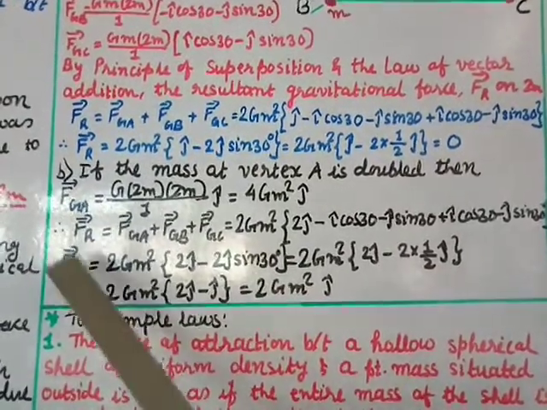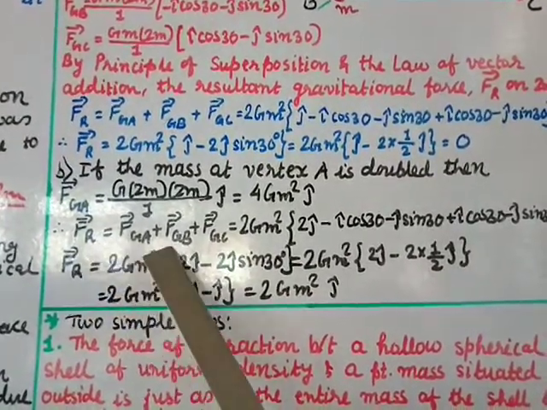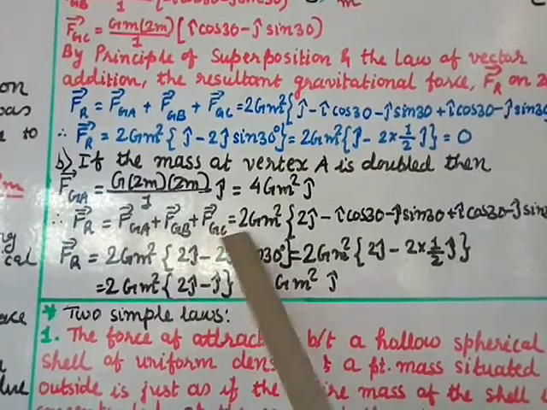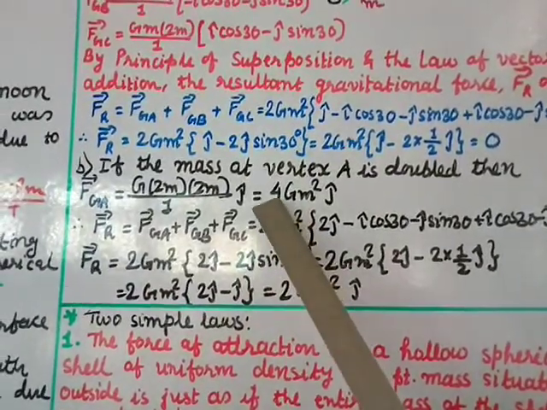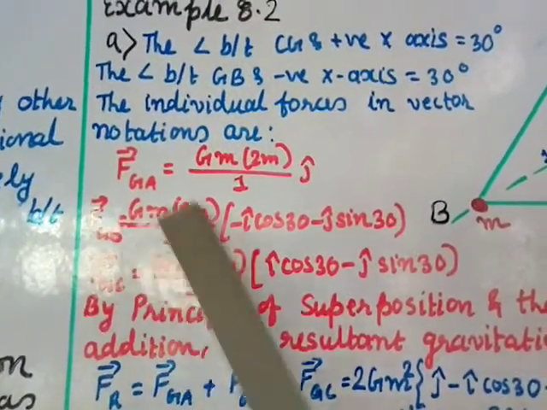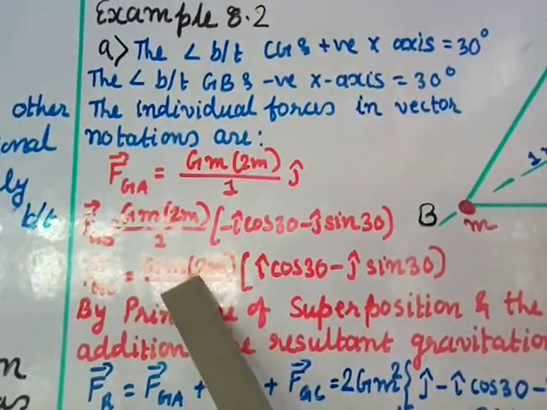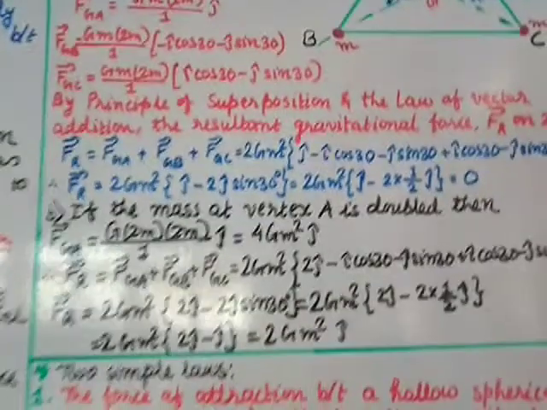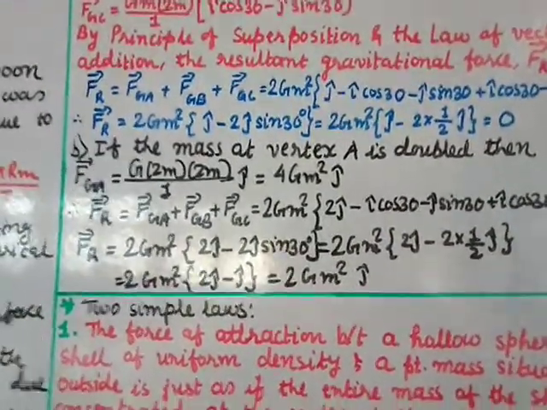So Fr equal to Fga plus Fgb plus Fgc. Again, here you have 4G m square, this one has 2G m square, here also 2G m square, so we can take common 2G m square.